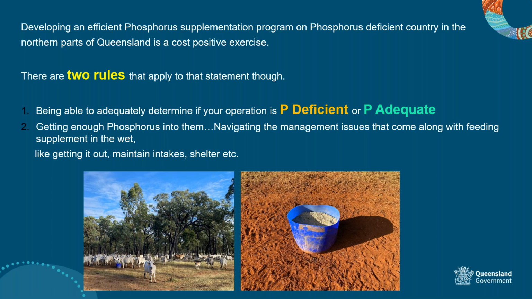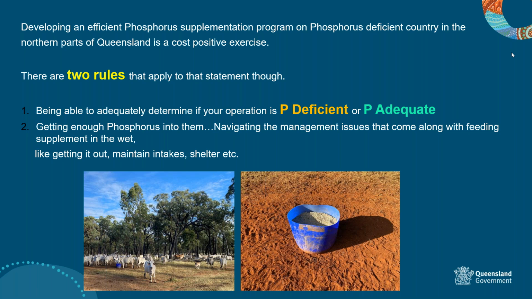I'll start off with a statement. Developing an efficient phosphorus supplementation program, one that works, on phosphorus deficient country in the northern parts of Queensland is a cost positive exercise. I'll limit it to Queensland for the moment because I'm DPI, but probably across Australia there's issues with P deficiency wherever we go.